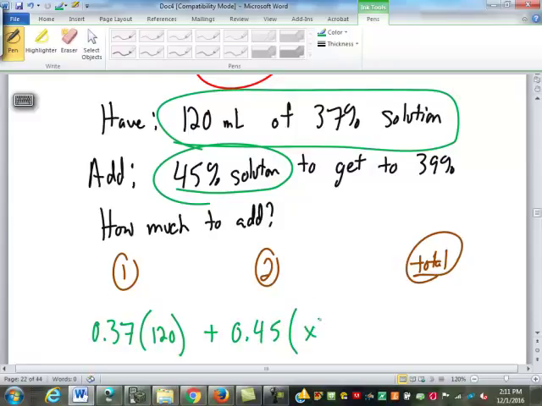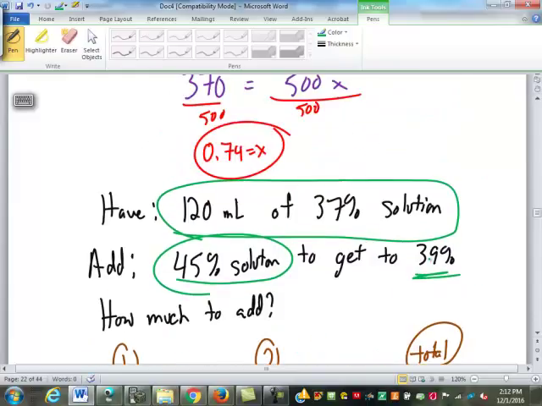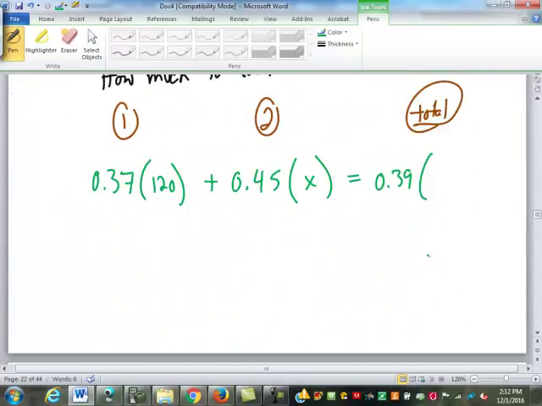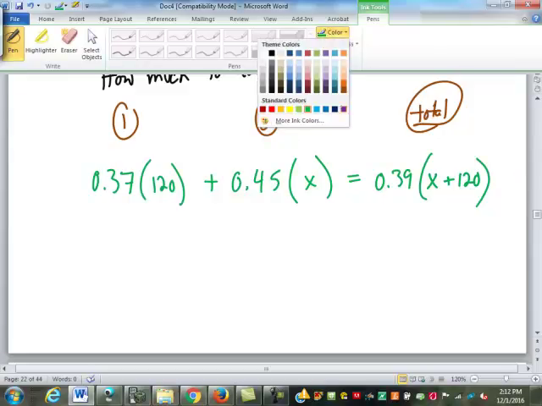X. We don't know how much yet. Equals, do we know the concentration of our result? Yeah, we want it to be 39, so 0.39. Do we know how much we're going to have? Up here, we just added the 200 and the 300 to get 500, right? So down here, it's going to be 120 plus x, or x plus 120, either way. I'm going to put it in as x plus 120 just because that's simpler for me.